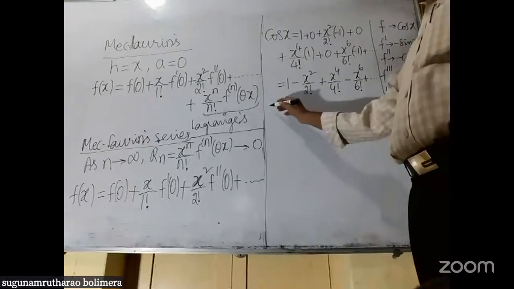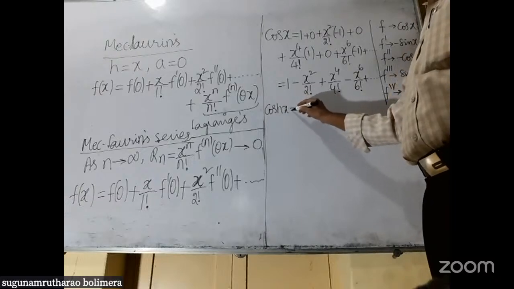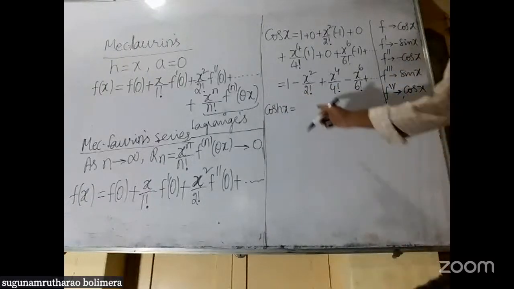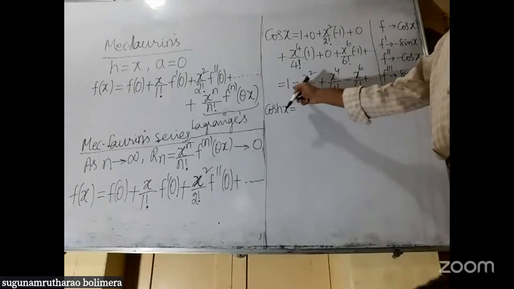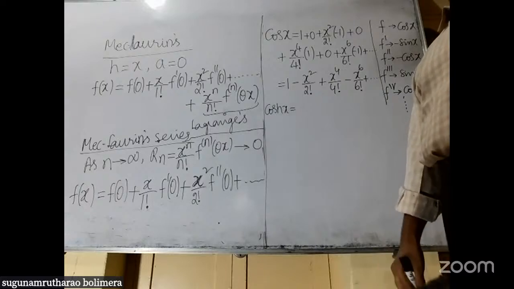Now, if you write cos hx, see, in all these terms the signs alternate plus minus, even for sin x also.